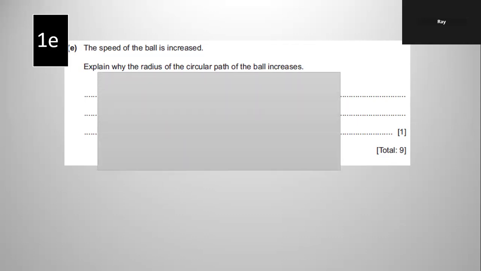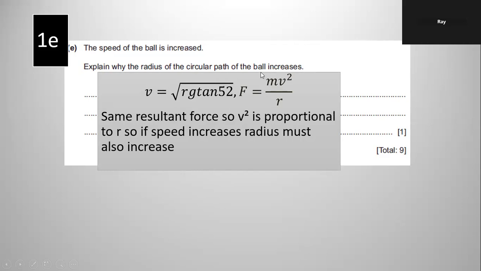Centripetal force is constant. So the radius is proportional to the square of speed. Basically this resultant force is constant. So m is constant, so v squared is proportional to r.